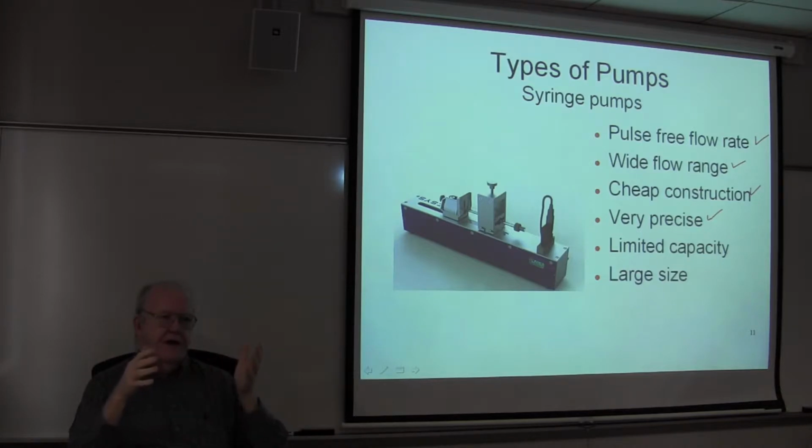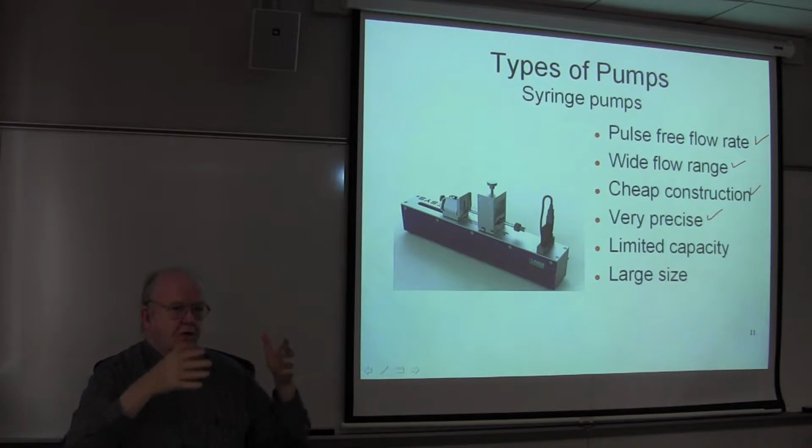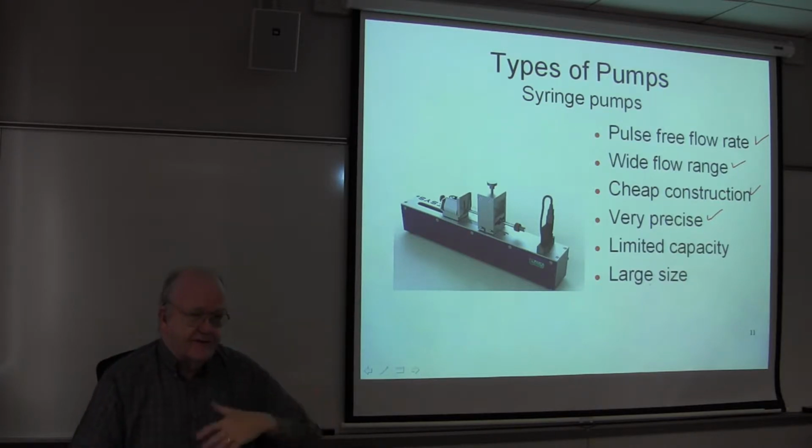Frequently, when you've got an assay running 24 hours a day, people will be making up multiple liters of mobile phase. You don't want to have to change the mobile phase during a run. So that was definitely a limit of the system. And physically, they're pretty big. I mean, they have to be as big as the volume of fluid you want to work with.